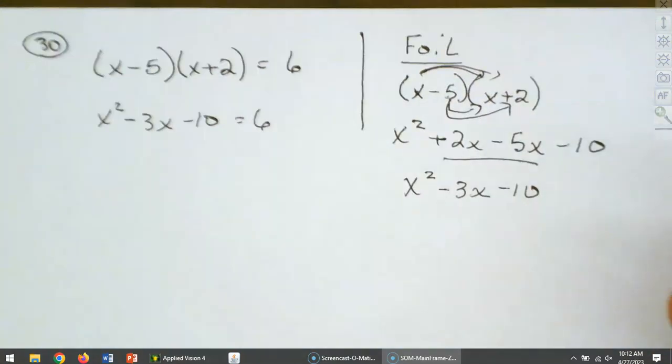So we've gotten rid of the parentheses. To work this out, it needs to be equal to what? Well, it really needs to make sure it's equal to 0. Okay, so we're going to go ahead and move that over to set it to 0.